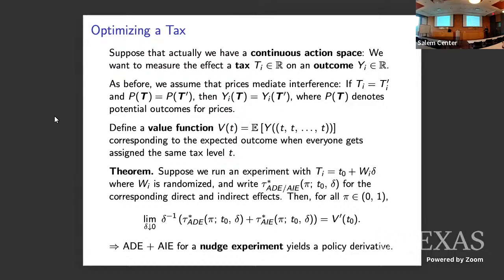Now suppose that instead of, so far we've always been in a binary setting, like subsidize, don't subsidize, treat, don't treat. But suppose that instead of a binary intervention, you had a continuous action. You wanted to measure the effect of a tax on a continuous outcome.